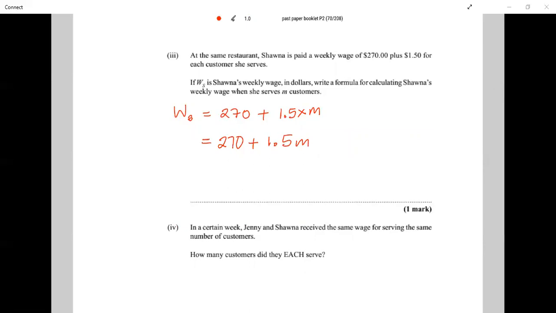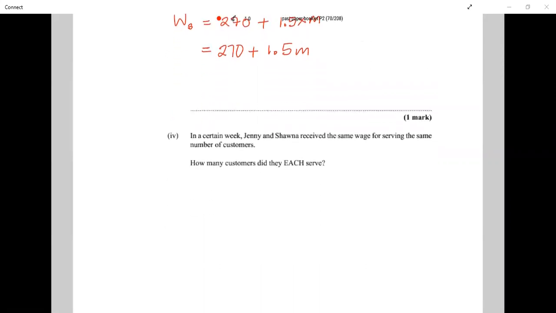It says in a certain week, Jenny and Shauna receive the same wage for serving the same number of customers. How many customers did each serve? All right, so in a certain week, WJ is equal to WS, and this is when N, the number of customers Jenny serves, is equal to M, the number of customers that Shauna serves.